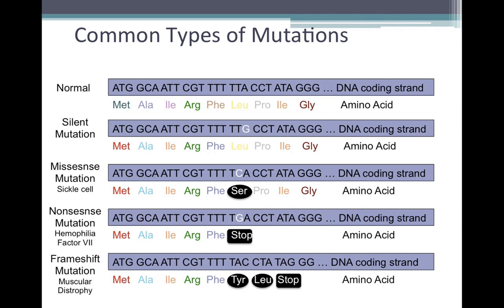Now, there are different types of mutations we'll talk about. We have silent, missense, nonsense, and frame shift mutations. If we look here at the slide, in purplish blue, this is showing the genetic sequence of your DNA strand. And remember, the genetic sequences come in triplets, so every 3 base pairs, you have a codon.